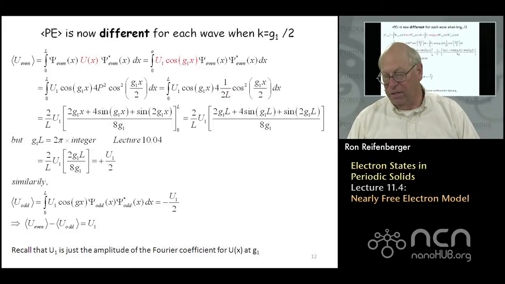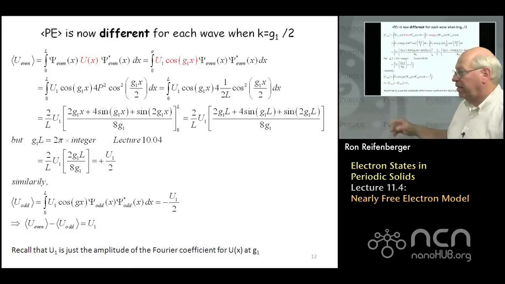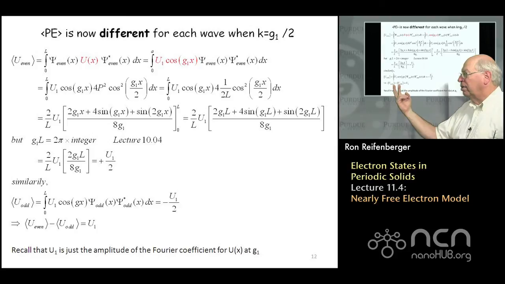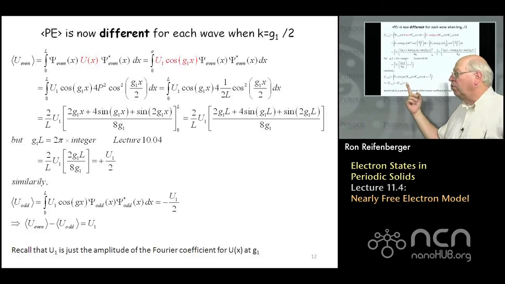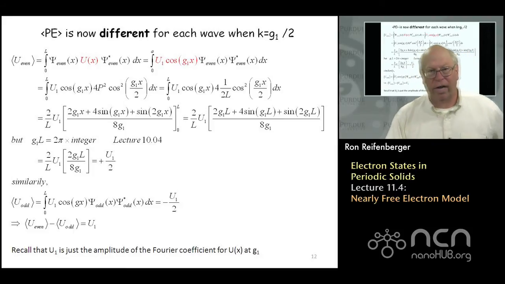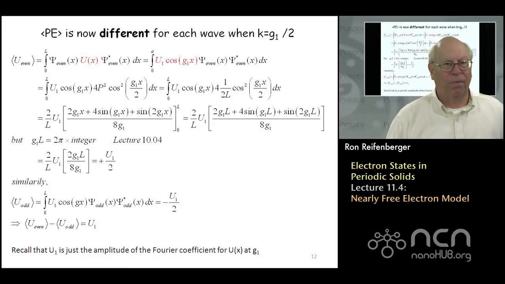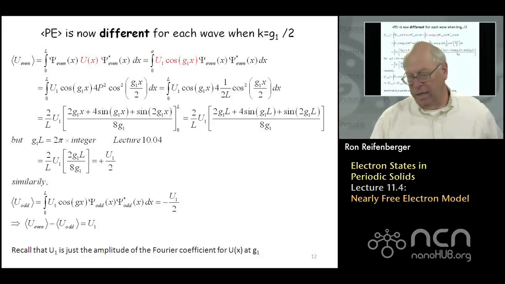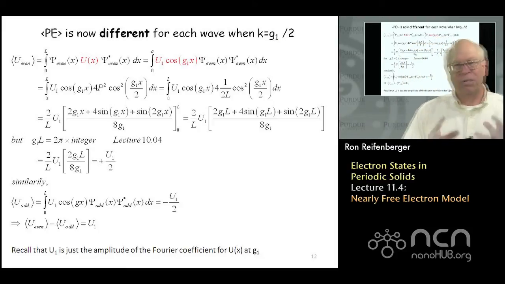Well, on the basis of our simple model, the difference between the expectation values for the even and the odd potential energies is just going to be given by this expression U1, where U1 is the amplitude of the Fourier coefficient in U(x) that we put into the problem right at the beginning. So it's a very simple, very nice result.